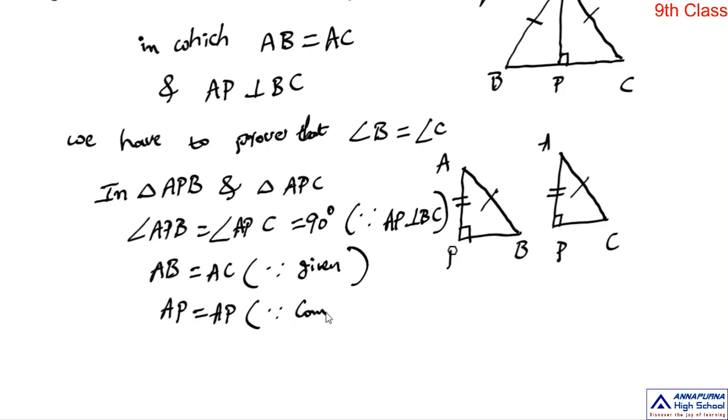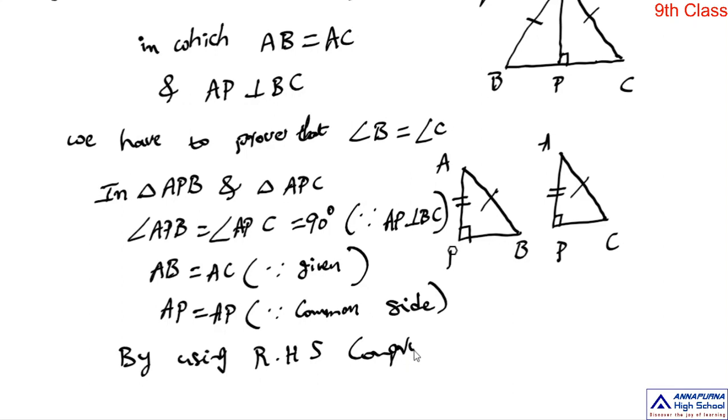Since AP is a common side, by using RHS congruence rule, these two triangles are congruent. Triangle APB is congruent to triangle APC.